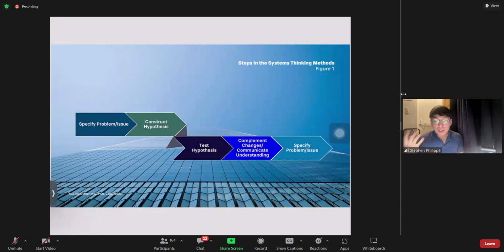We have to complement changes, communicate understanding, and we have to specify the problem or issue. And this is typically one of the most prevalent ideas that every science teacher knows, the scientific method.